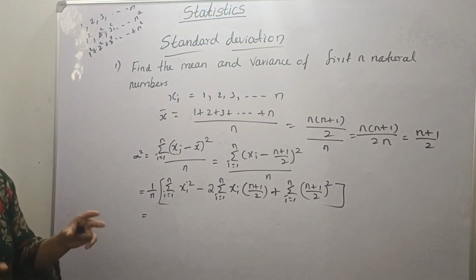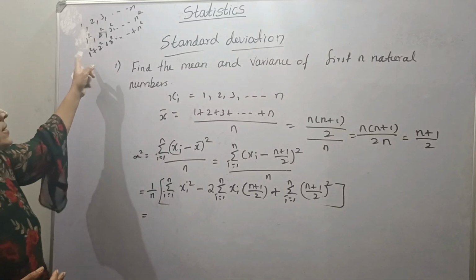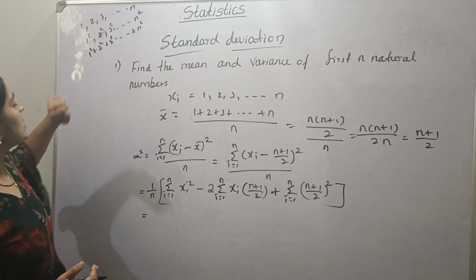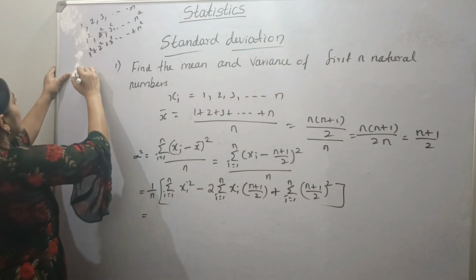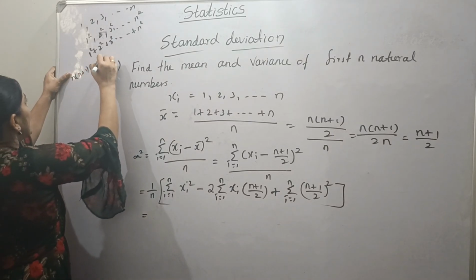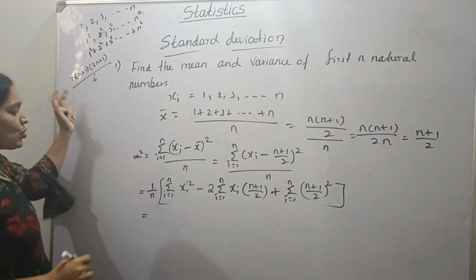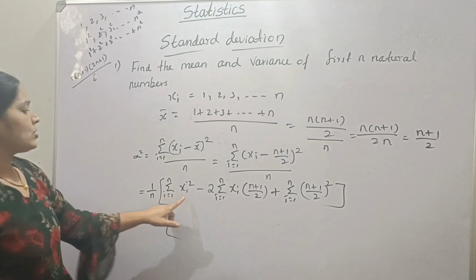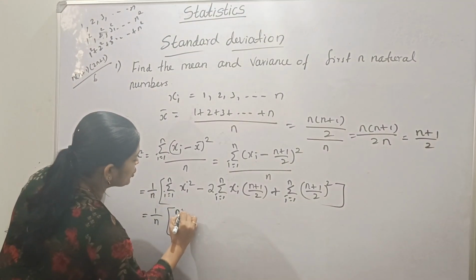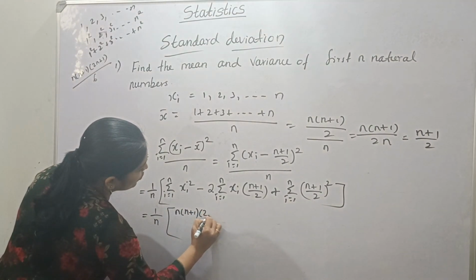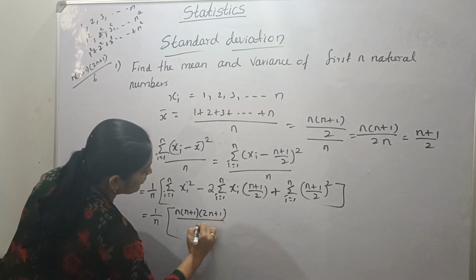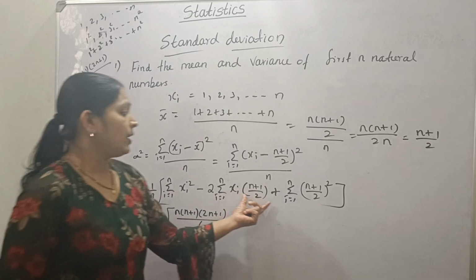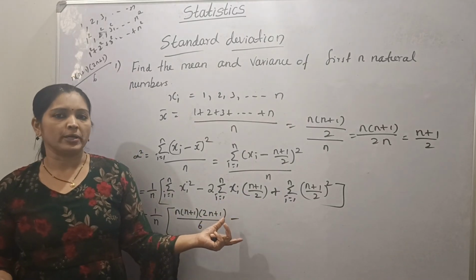So this also in series we learned, the sum of squares of the first n natural numbers is nothing but n into n plus 1 into 2n plus 1 divided by 6. So substitute here: 1 by n into n into n plus 1 into 2n plus 1 divided by 6, minus, here see, n plus 1 by 2 is common, okay.